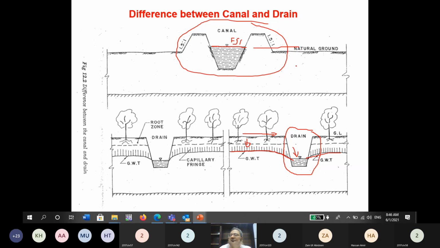Why? Sir, if it is above, then there will be gravity flow. Yes, gravity flow. What about this drain? Where do we provide drains, by the way? Where do we usually try to provide those canals?